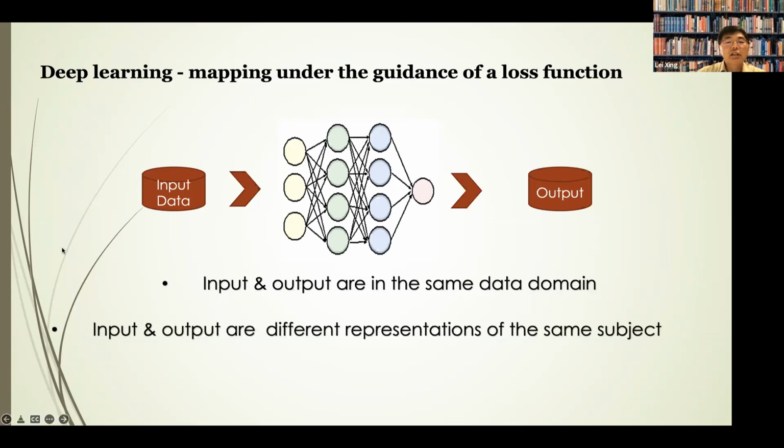So the second category: input data and output data are what we call different representations of the same subject, right? Let's say you take an MRI of a patient. One representation is the image, what you see on the computer screen, and the other representation is the measurements.